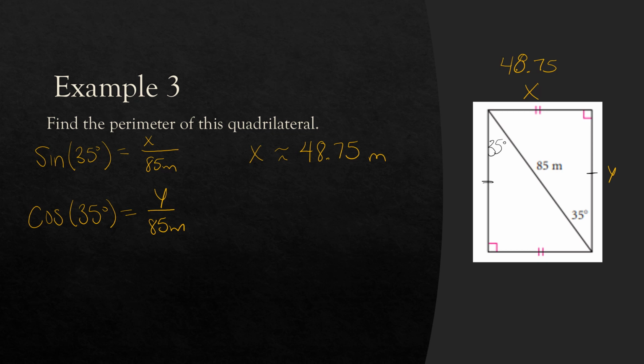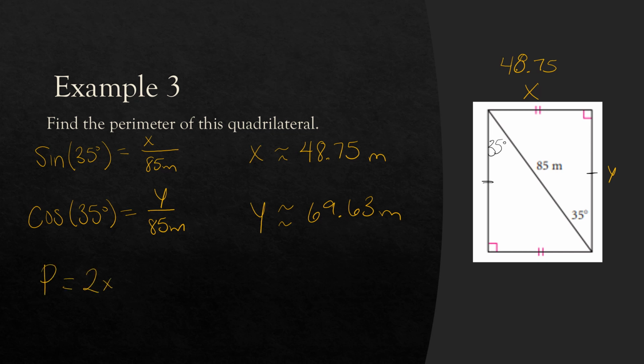Same way in my calculator, I'll put cosine of 35 degrees times 85 meters, and y is about 69.63.